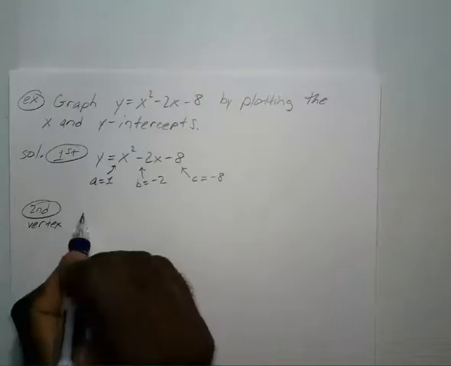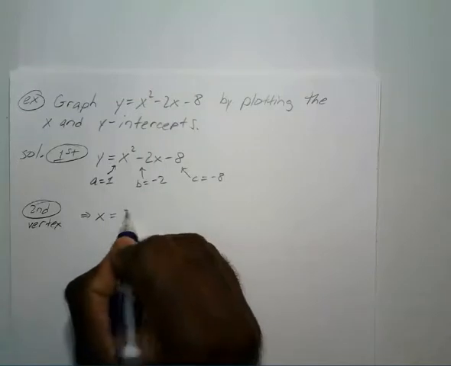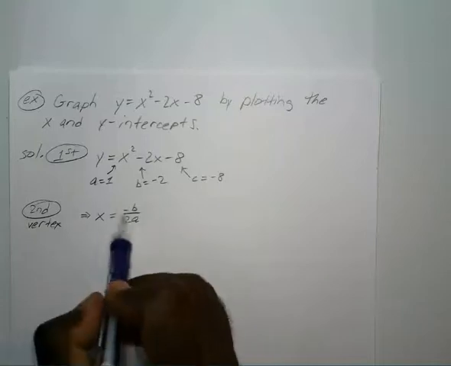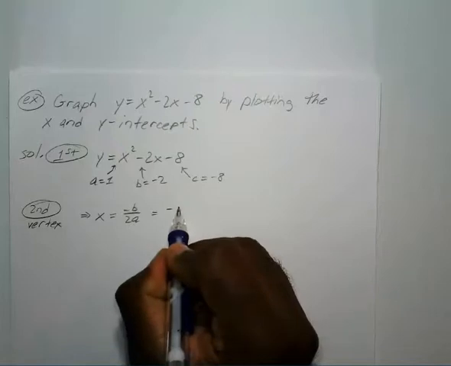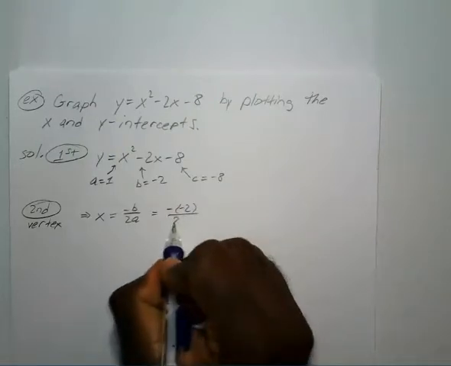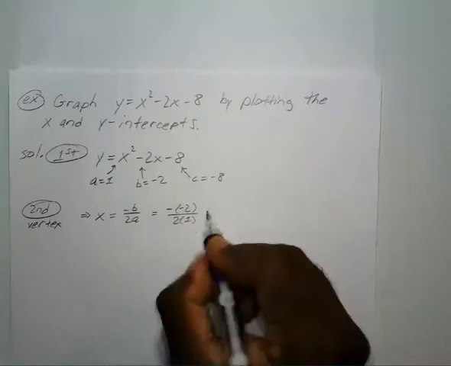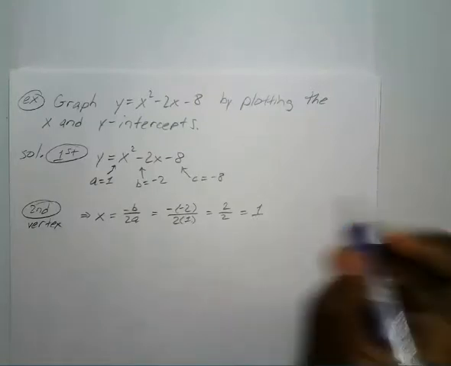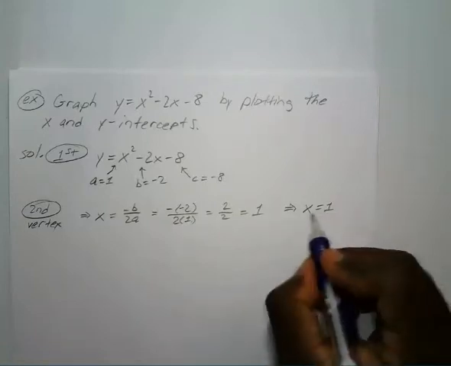Just like before, our x value of our vertex is equal to negative b divided by 2a. Or the negative can be in front if you want it. Okay, so that's equal to negative 2 divided by 2 times 1. Just plugging in our a and b from up here. Okay, so negative 2 is positive 2. And 2 times 1 is 2. Anything divided by itself is 1. So we know the x value of our vertex is x equals 1.